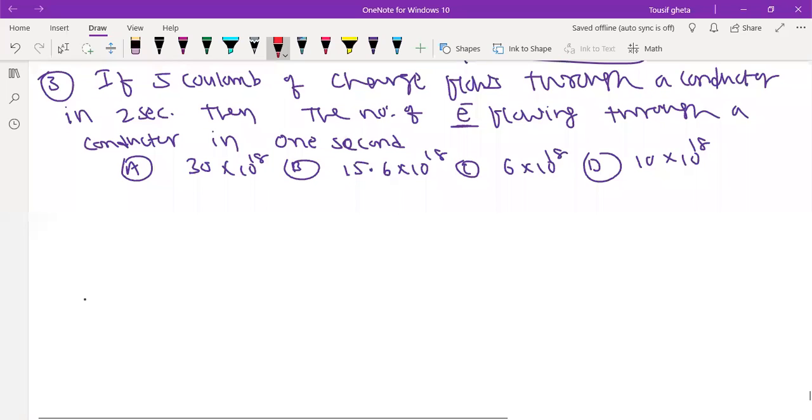Data is given, 5 coulomb. Time they gave, 2 seconds. So first you find out, you know the formula I is equal to Q by t.